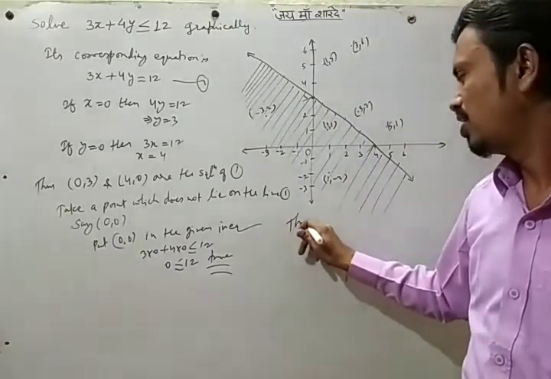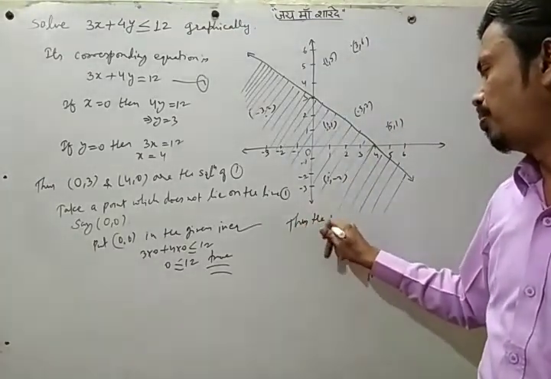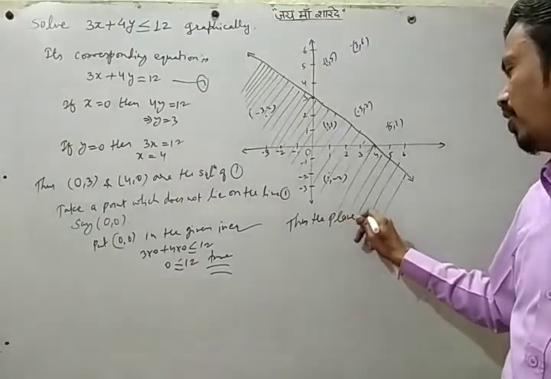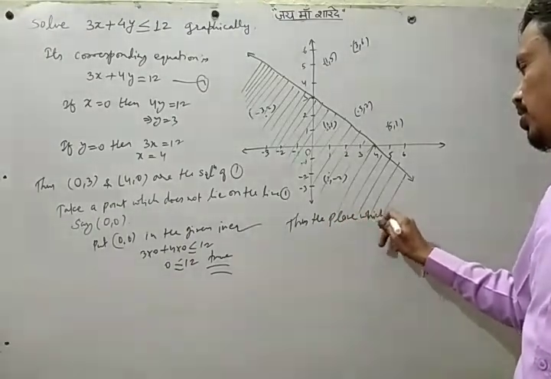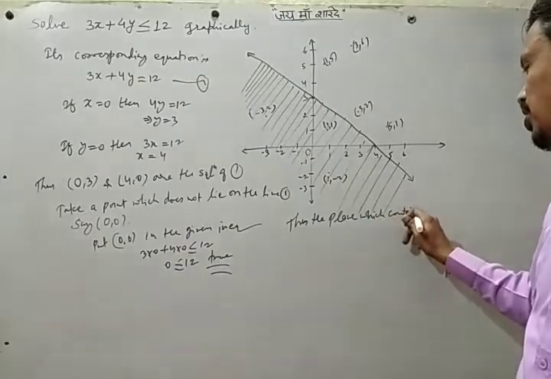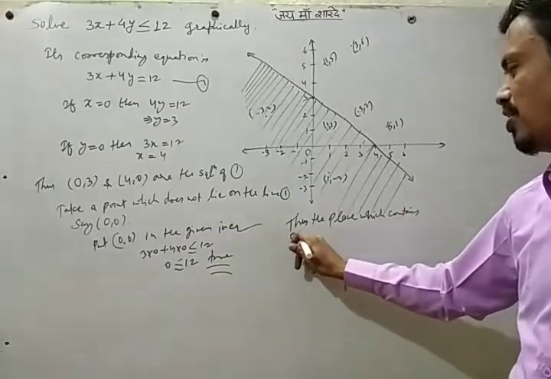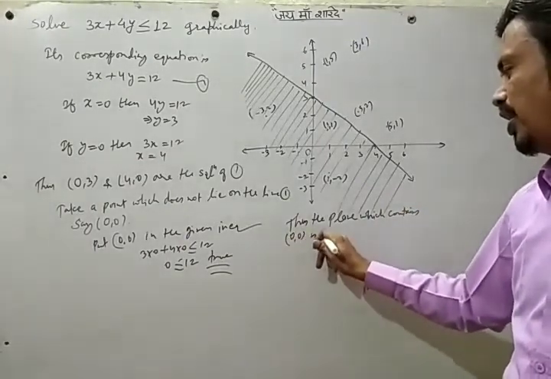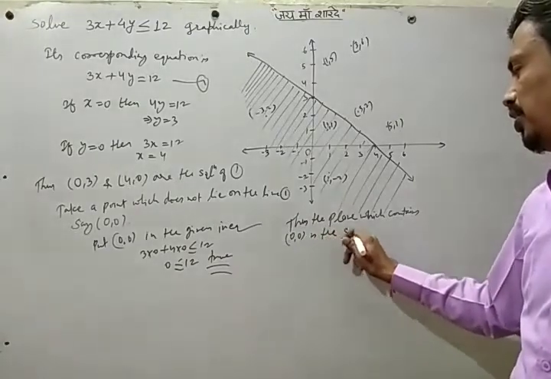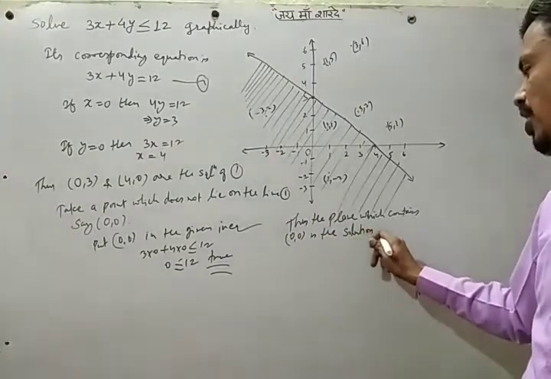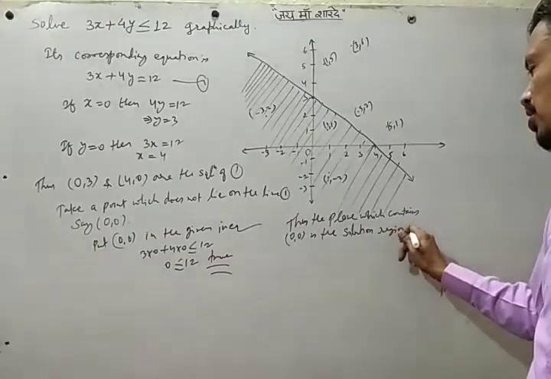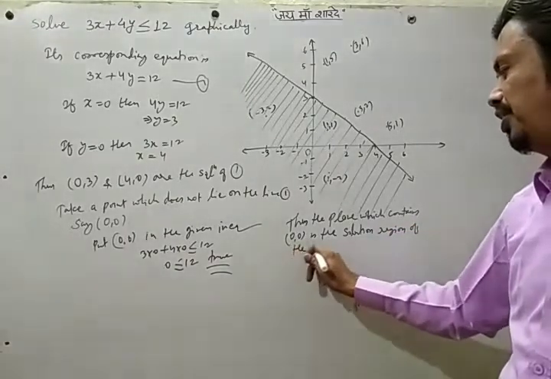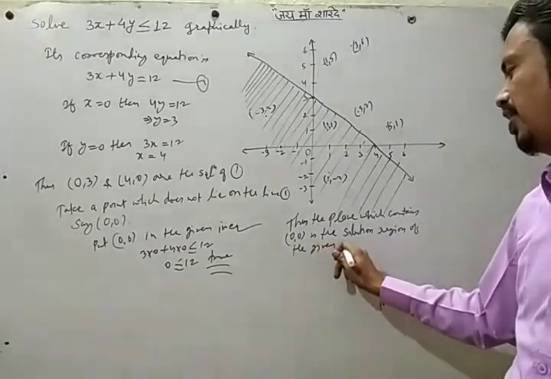So thus the plane which contains 0 0 is the solution region of the given inequality.